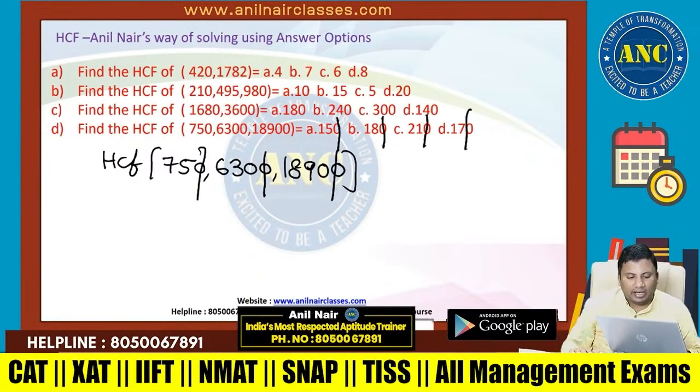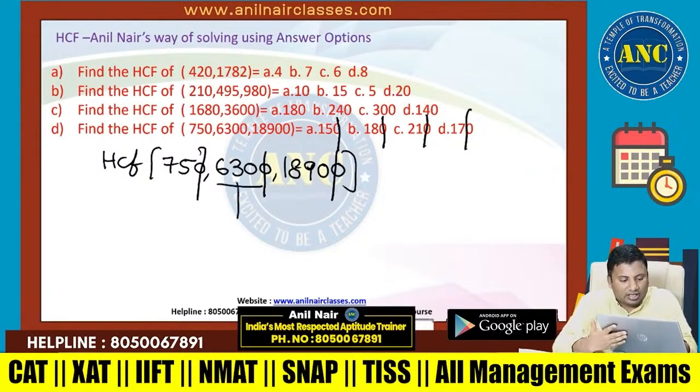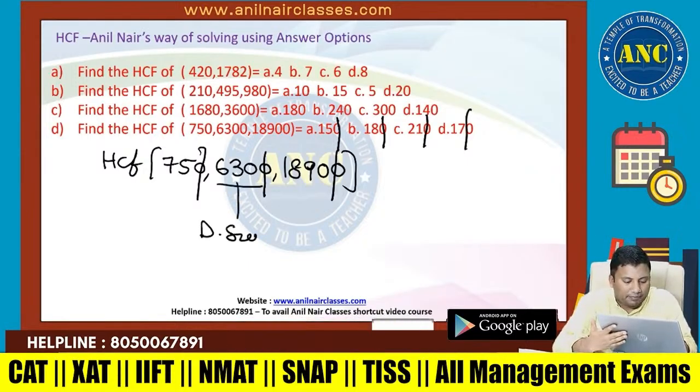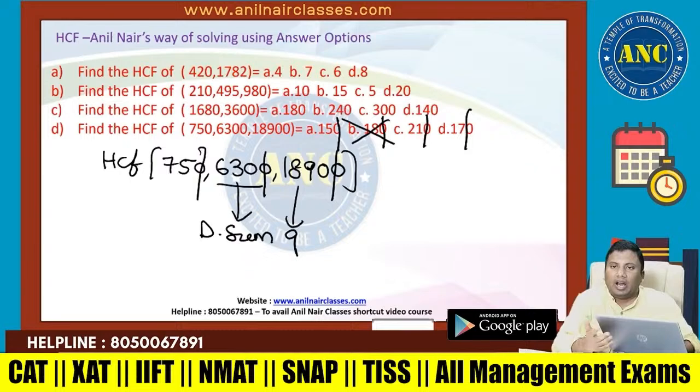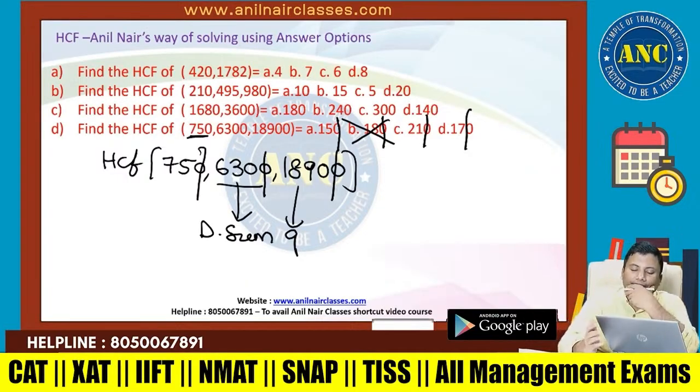Just by looking at the question I can say 630 digital sum is 9, here also digital sum is 9. Option B digital sum is 9. 750 digital sum is not 9. Out. 180 is eliminated.